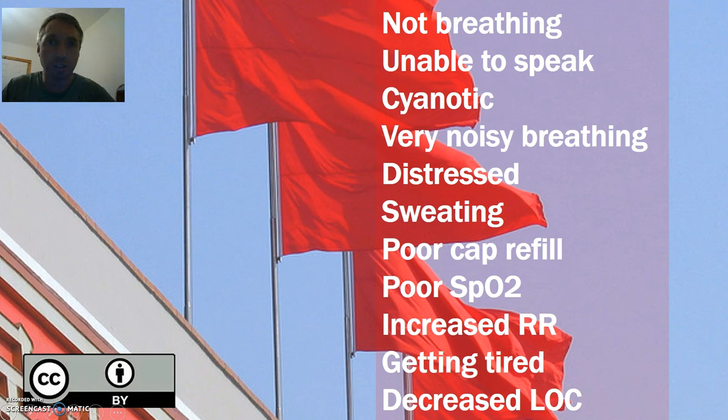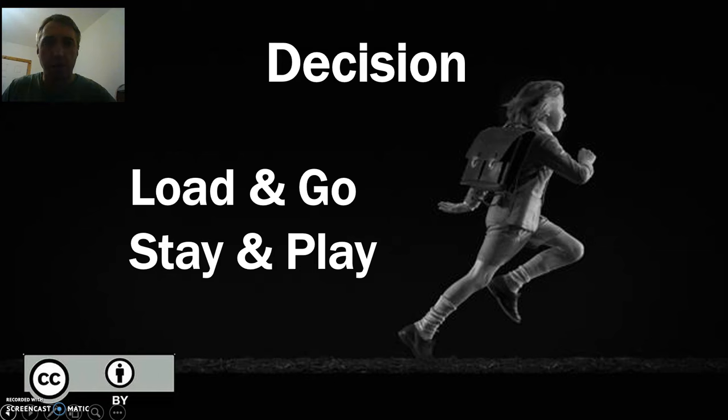If they're breathing very noisily, if they look quite distressed, if they're sweating, if they have poor circulation, if they have poor SpO2, particularly in addition to some other signs, if they have a very increased respiratory rate, if their shortness of breath is so bad that they're actually getting tired, or they have a decreased level of consciousness, be very, very careful. These people can be quite sick.